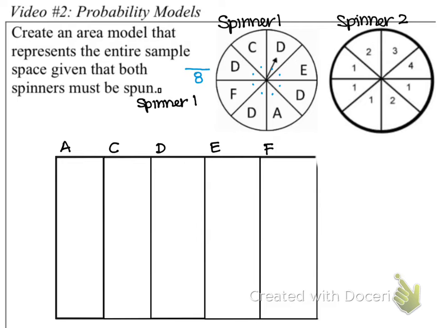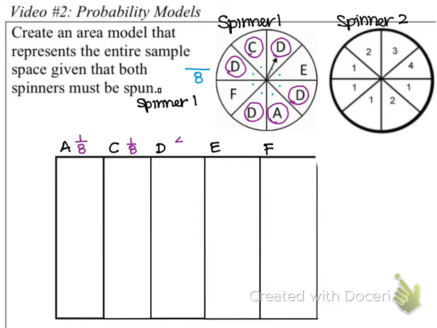If I take a look back up here, for A there's only 1 of the 8 spots. So back at my table, the probability of landing on A specifically is going to be 1/8. I'm going to do the exact same thing for all the spots. For C, there's 1 out of the 8 spots total, so 1/8 for C. D has a couple of them: 1, 2, 3, 4.